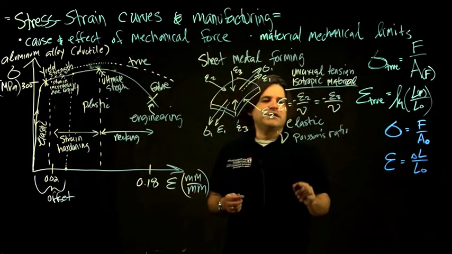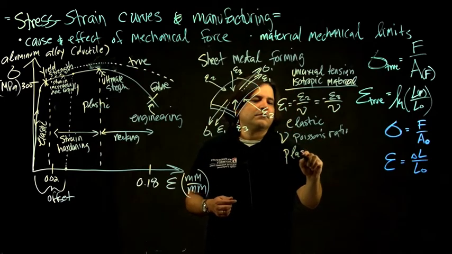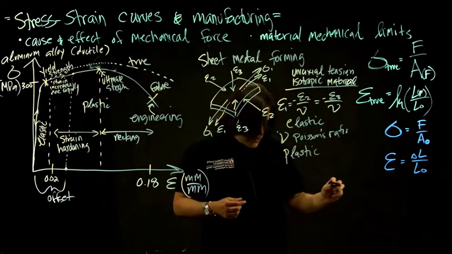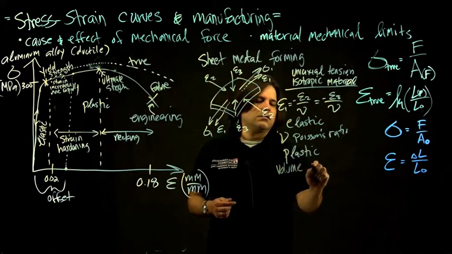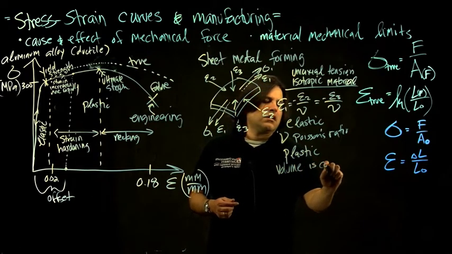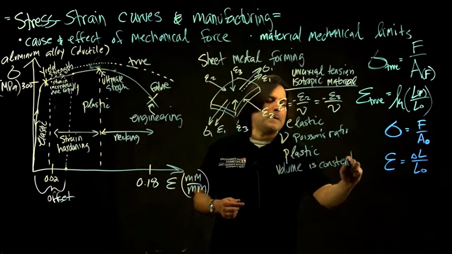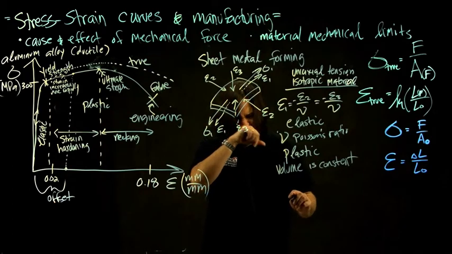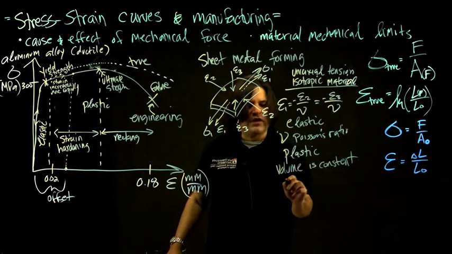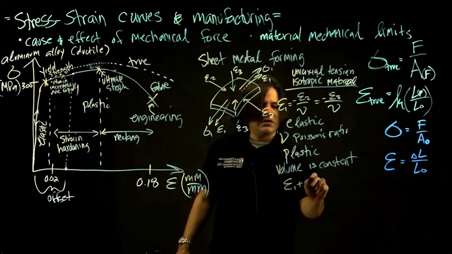And then for the plastic, you would have volume conservation, meaning volume is constant, and you can write that keeping the Poisson's ratio some constant value around 0.5.